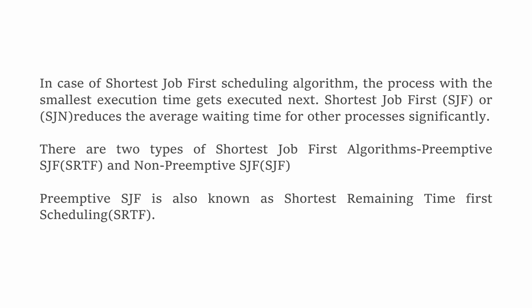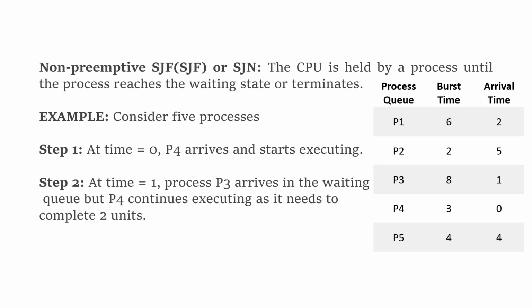Preemptive SJF is also known as the shortest remaining time first algorithm. That we are not going to see in this video. We are going to see this SRTF in the next video. What is a non-preemptive SJF?